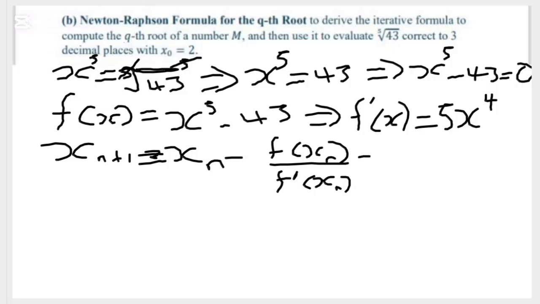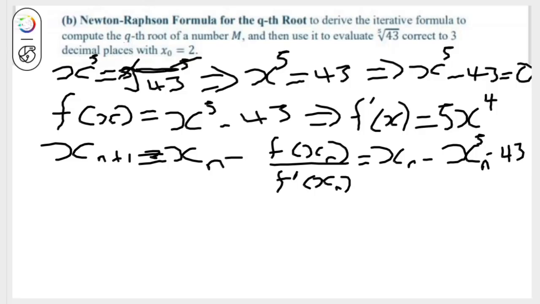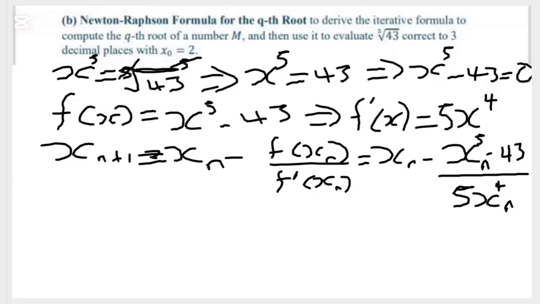And therefore this will now be equal to x of n minus the f of x of n, which is the first function, x raised to the power of 5 minus 43, and I will divide it by the derivative that I differentiated, which is f prime of x, 5x raised to the power of 4 with subscript n.